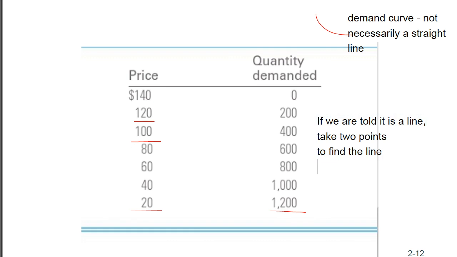You do slope equals change in y over change in x.